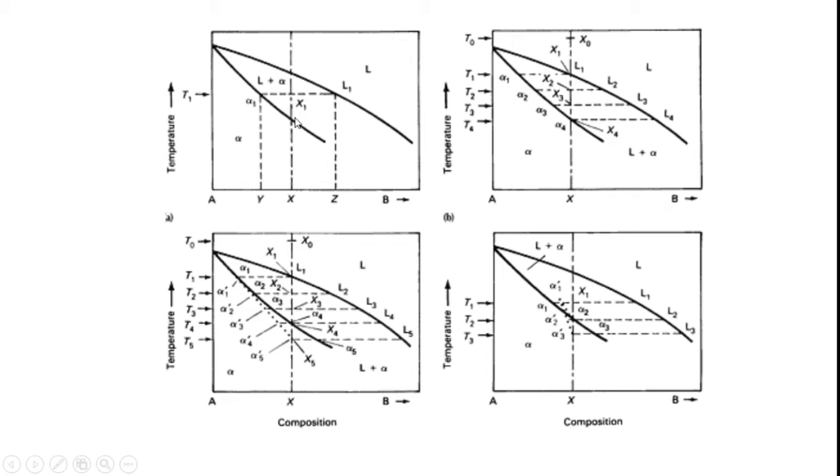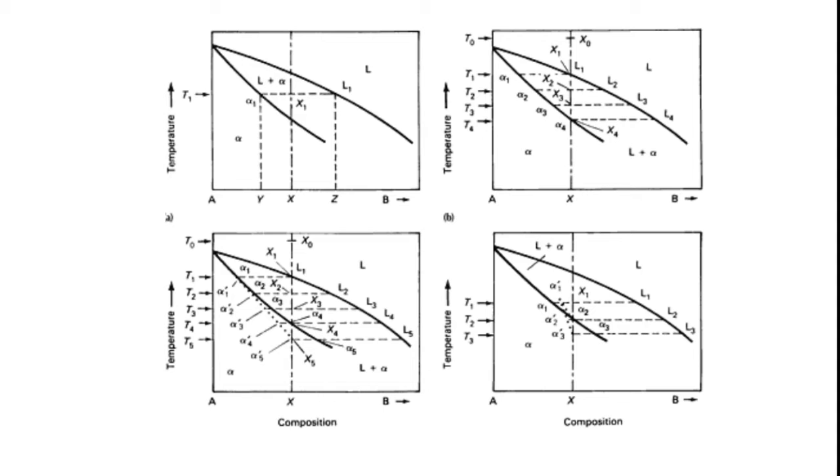With the aid of this tie line we can explain the lever rule. The tie line separates the two phases, liquid and solid. Here alpha lies in the solid phase and capital L lies in the liquid phase. So this tie line separates the liquid and solid phases available in a phase diagram.